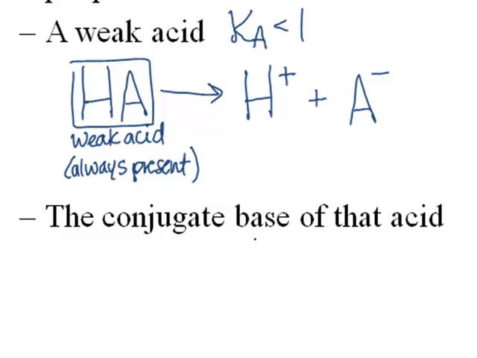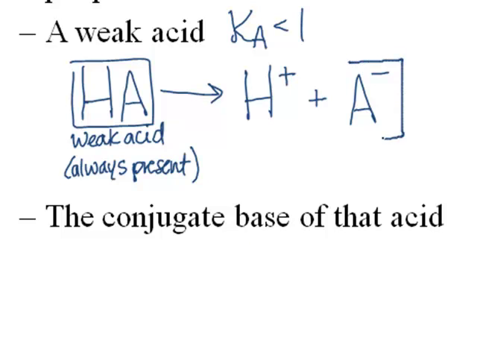But I can't add just any base. If I added just any base, or even a weak base, to this particular acid, most likely they're going to neutralize each other, and then I don't have anything remaining to act as a buffer. So I need to pick the only type of base that won't automatically neutralize the weak acid that's part of my buffer. And that's the conjugate base of the weak acid itself.